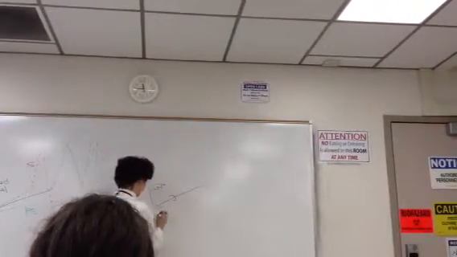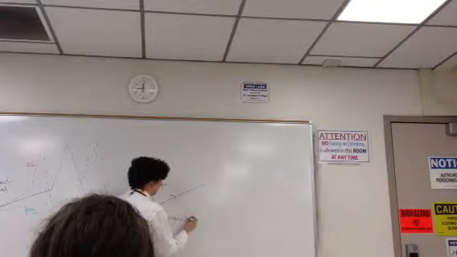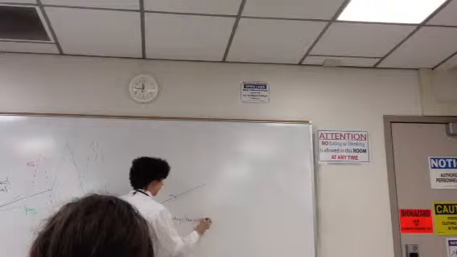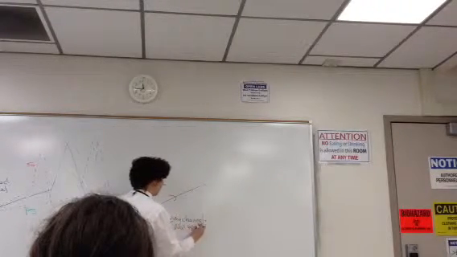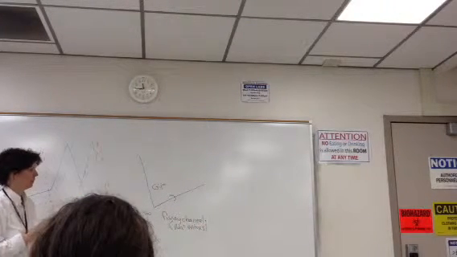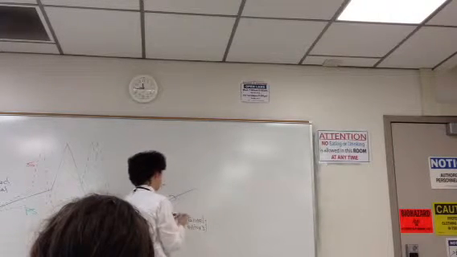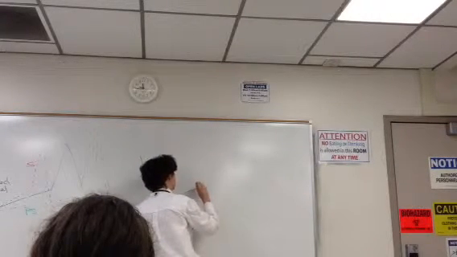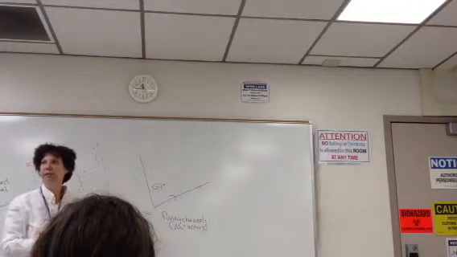Not very scientific. So funny channels open. Primarily sodium enters the cell, though some potassium will leave through the funny channel. And then what happens just prior to reaching the threshold of our action potential?